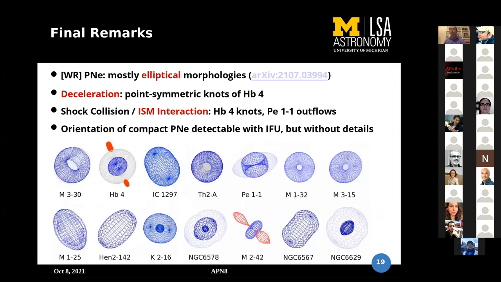We have the acceleration points and symmetric knots in HB4, and we have collisional ionization in the knots of HB4 and the outflow of P1. We can also use IFU for detecting the orientation of compact objects, and also morphology if we have high resolution imaging. So thank you. I'm open to questions.